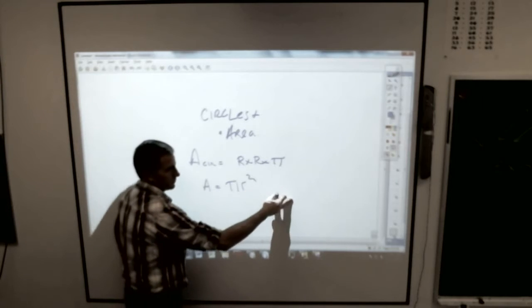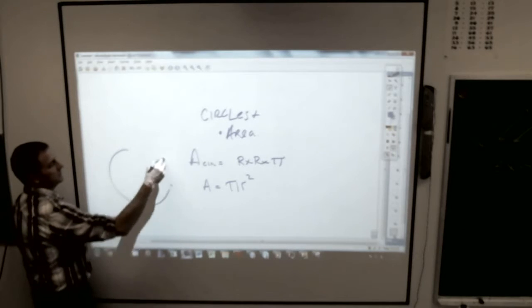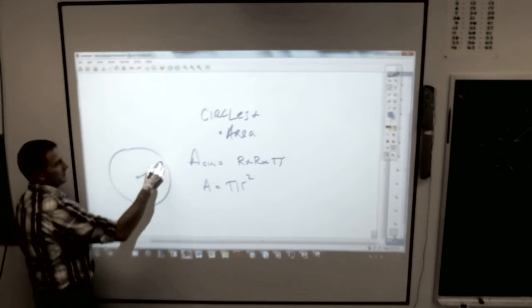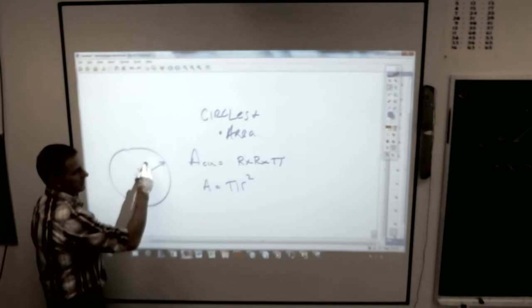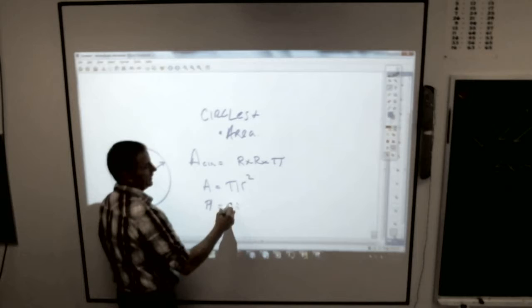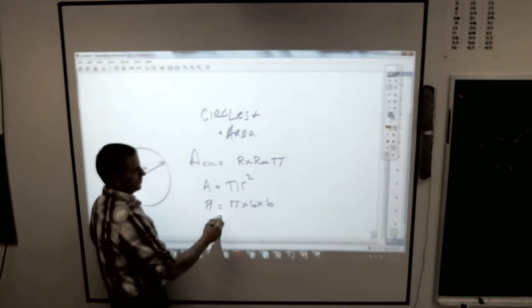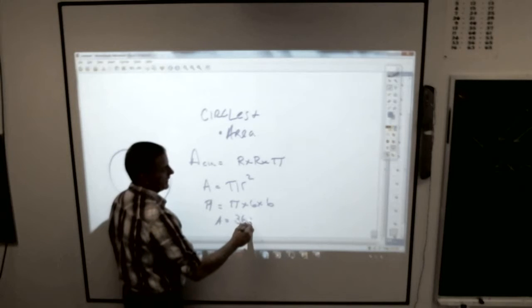Pi times radius squared. And that's all you need to know to find the area of a circle, is its radius. If its radius is 6, then you just do area equals pi times 6 times 6, or area equals 36 pi.